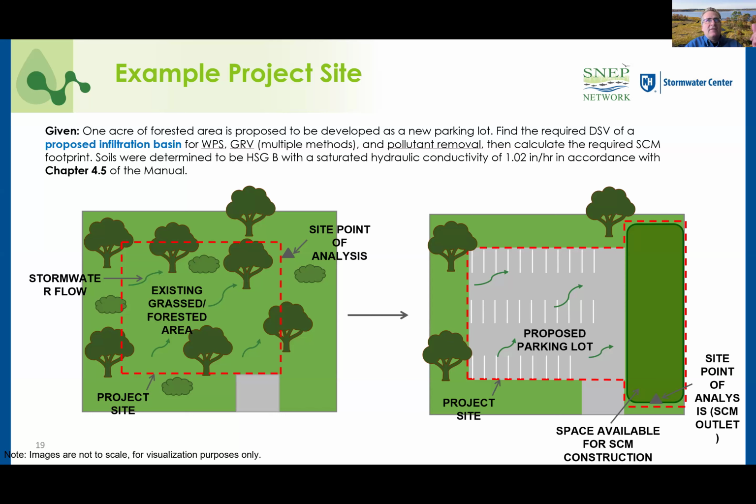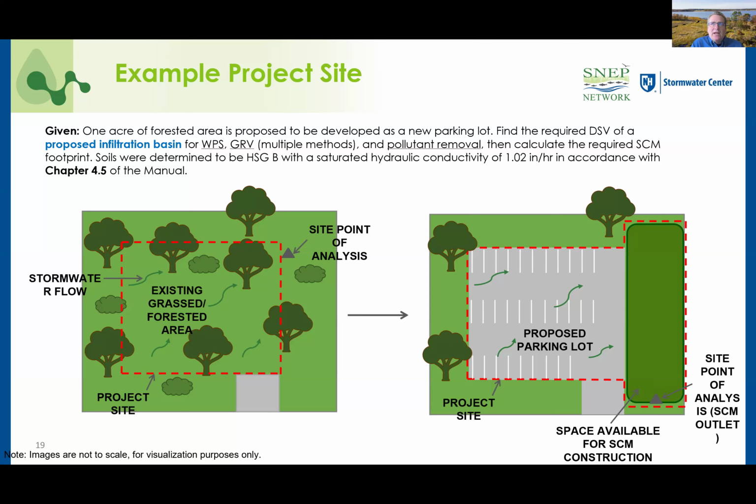You need to know the area of impervious cover. You need to know the soil group. In this case, it's B soil at 1.02 inches per hour. And that you can either take from high intensity soil survey or web soil survey, or you can develop that through your geotechnical investigations on site.